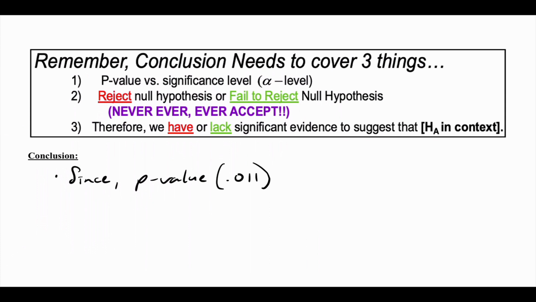So this one is going to be a less than. The p-value can fit inside of the alpha level because it's small enough. If that's the case, it's less than. If that's the case, we're going to reject.